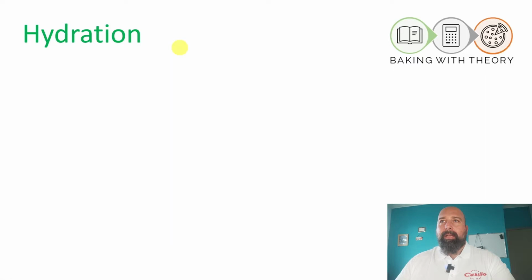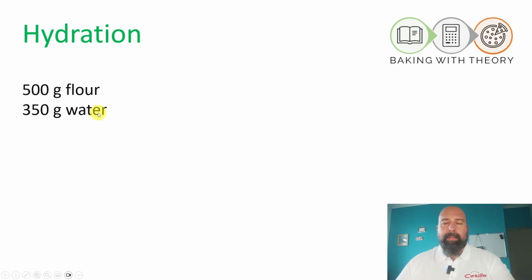As I showed in the previous video, there was an example of a simple recipe. In this case, I'm taking only flour and water from that recipe. It's not a complex recipe. And the idea was, while showing the Baker's percentage, to calculate the hydration, and of course it is based on the amount of flour.